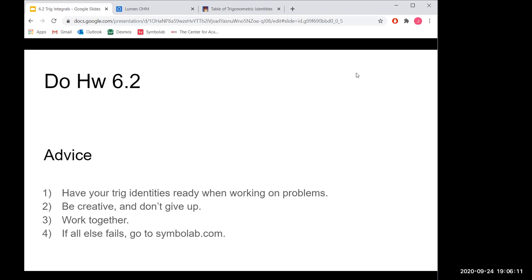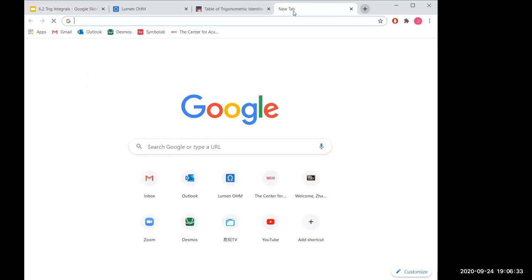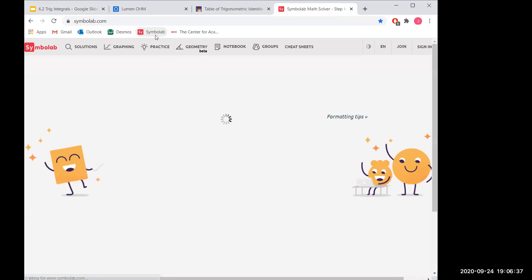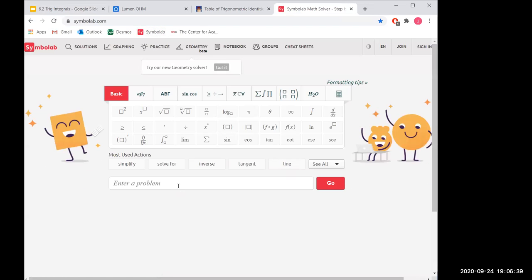And then the last advice I have is this website called Symbolab.com. Has any of you ever heard of that? No, yes, yes. Who hasn't? Yeah, there are other websites like it, like Wolfram Alpha. But for those of you who haven't heard of it, it does your math problem for you. Let me give you an example.